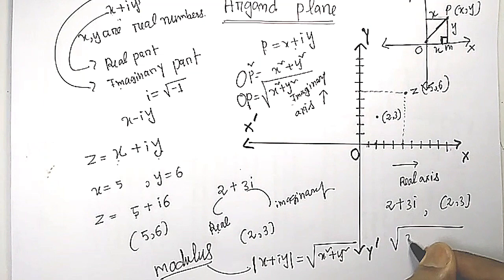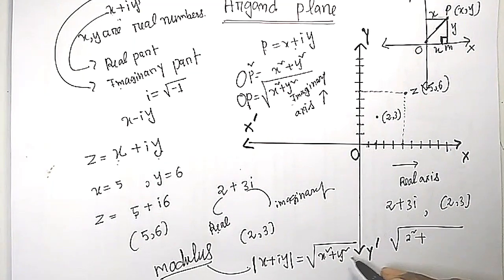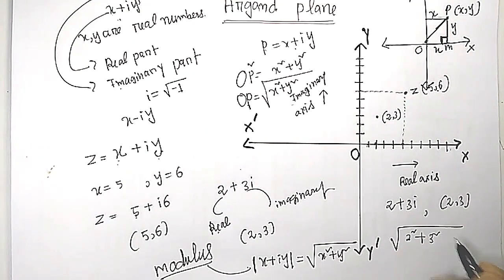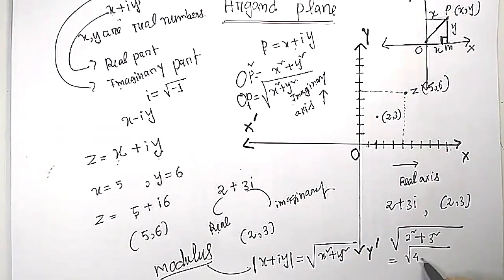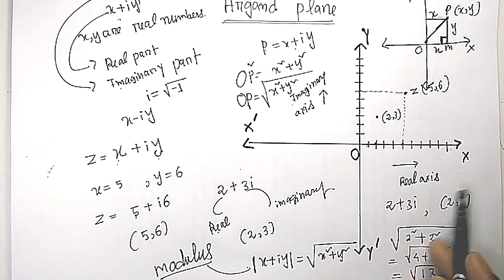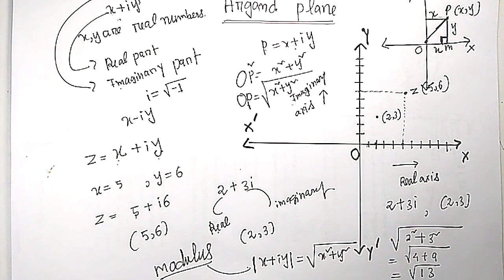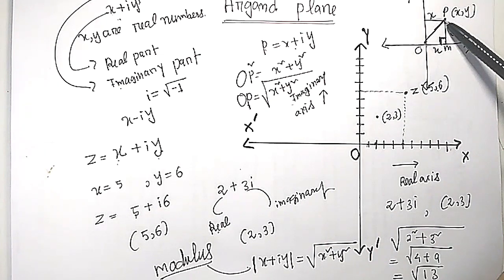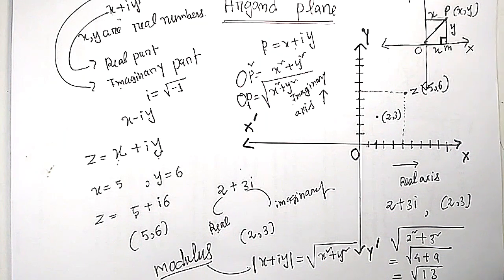What is x? 2 square. y means 3, 3 square. So it's 4 plus 9, it's 13. So modulus of 2 plus 3i equals root over 13. So just simply remember, modulus means the distance of the point P from the origin.